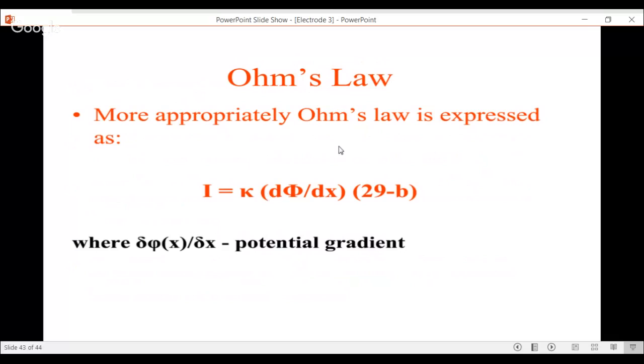More precisely, Ohm's law is expressed as I equals kappa times d phi by dx, where d phi by dx is the potential gradient. We were already told that it should be under a potential gradient or field strength.